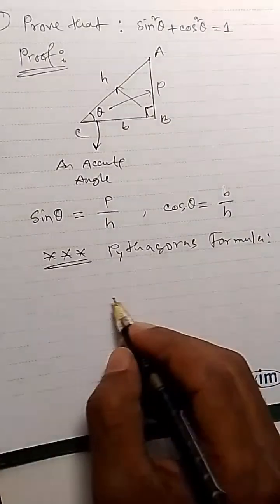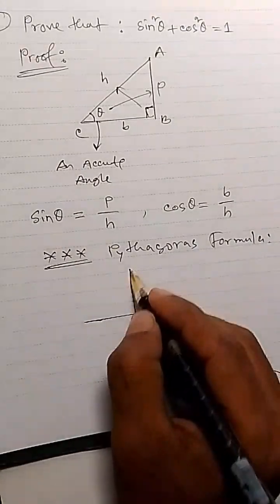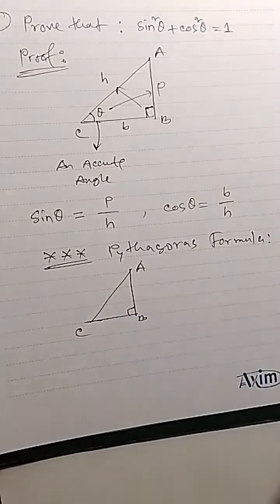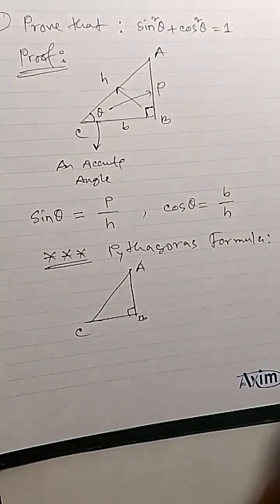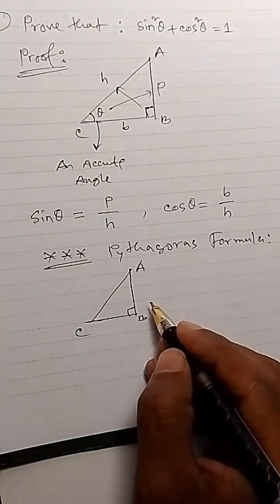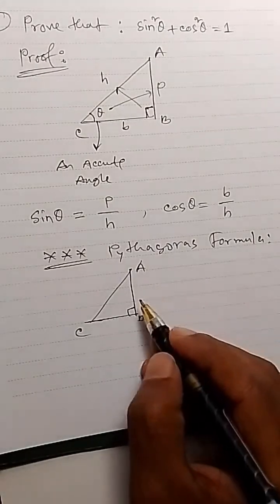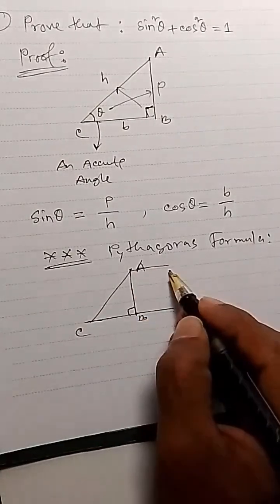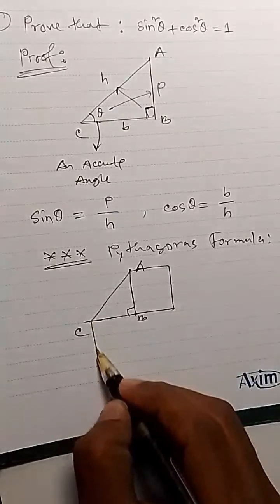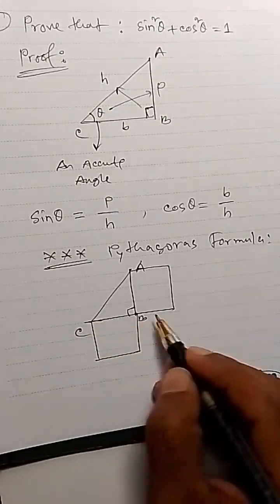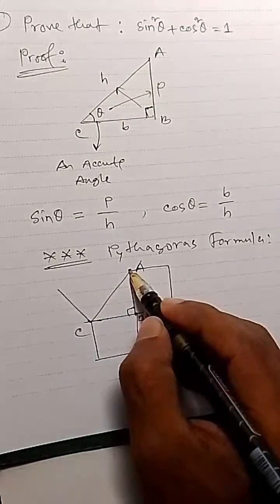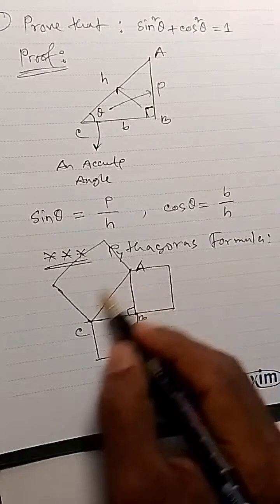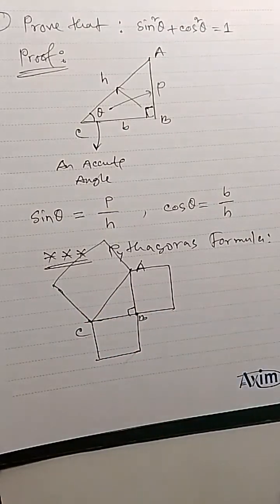Pythagoras said this, that ABC and B is a right angle triangle, then the summation of the square of two sides in a right angle triangle is equal to the square of the hypotenuse of that triangle.